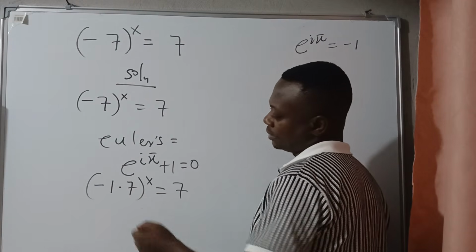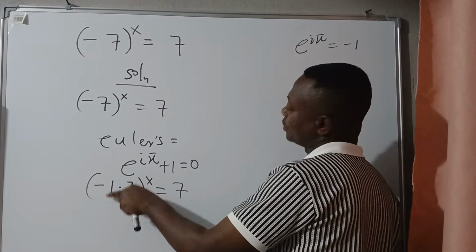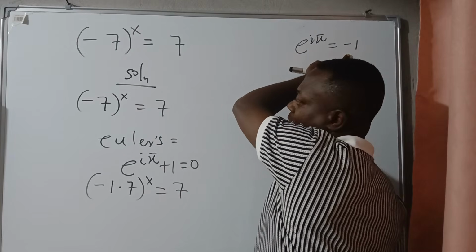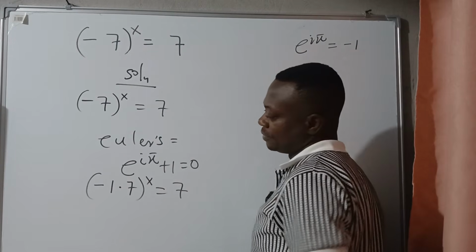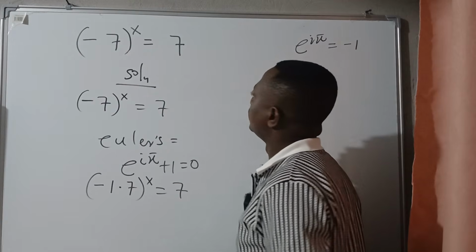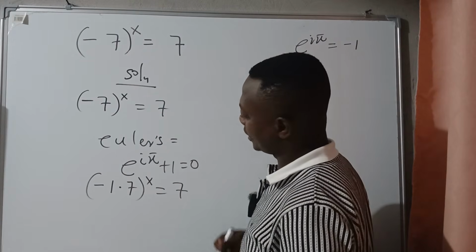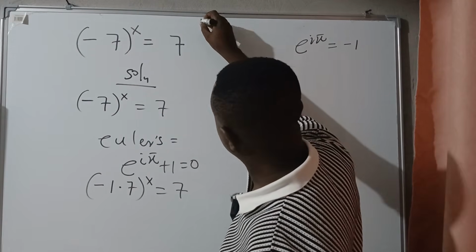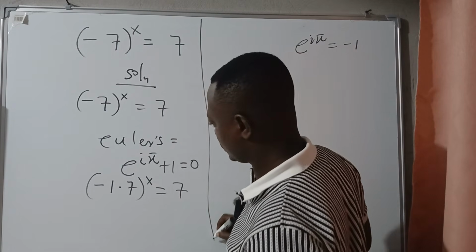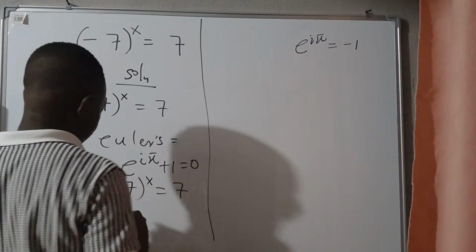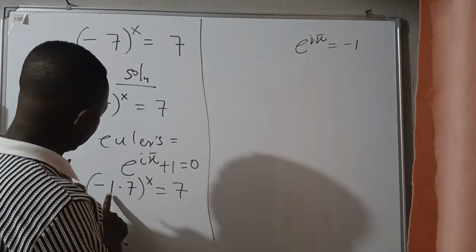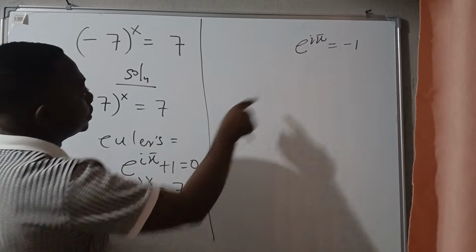Why am I doing that? Because I have minus 1 here, and that is the same as e^(iπ). So let's quickly do the substitution. In place of minus 1, I'll put this one there.